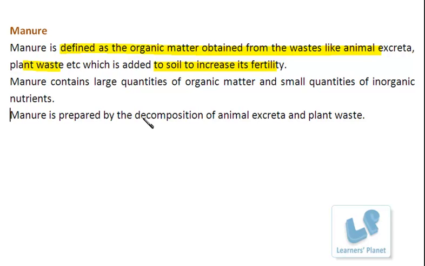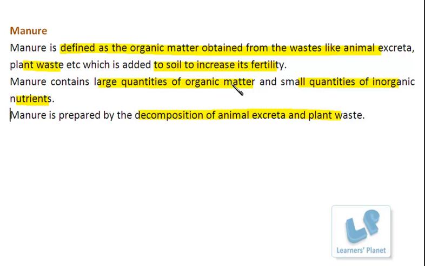Such decomposed animal excreta or plant waste have large quantities of organic matter and contain small quantities of inorganic matter. Now since these inorganic minerals or nutrients are present in less concentration, the manure is to be added in bulk amount to the soil so as to enrich it for the particular nutrient.